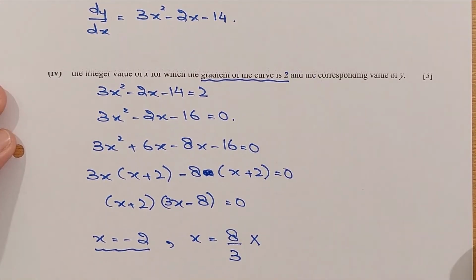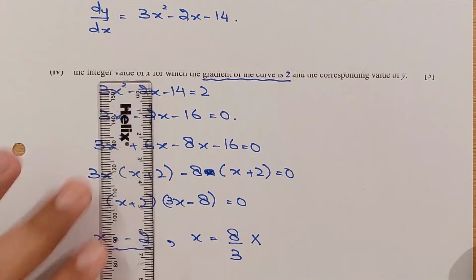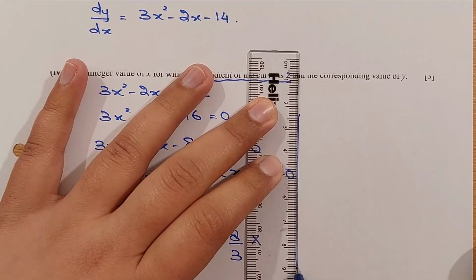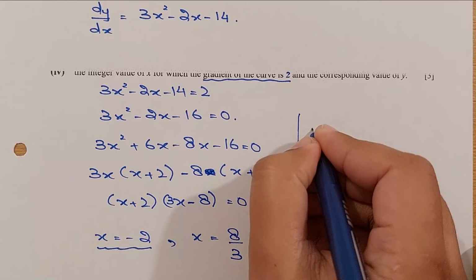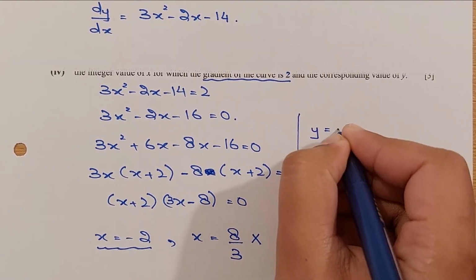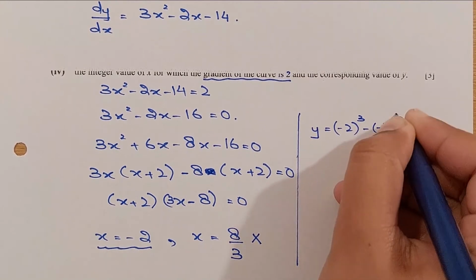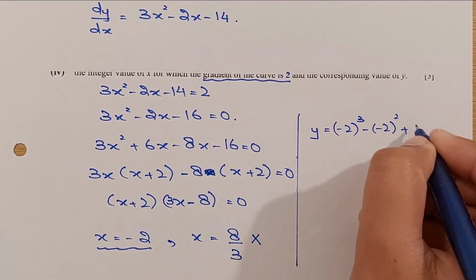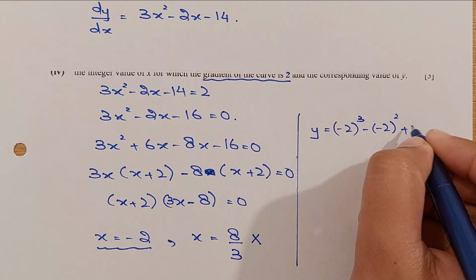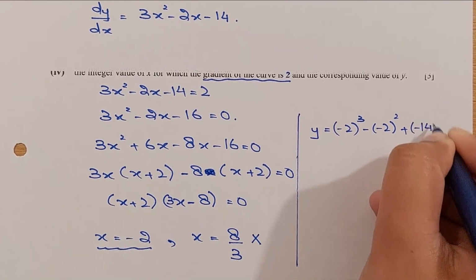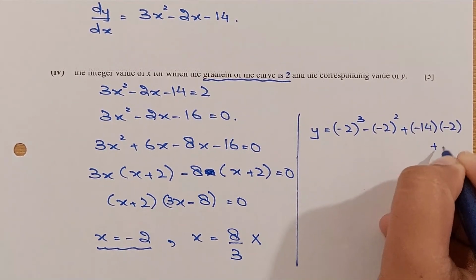Now we have to find the corresponding value of y as well. So put it into the curve and we will get the corresponding value of y. y at x equals minus 2 is minus 2 cube minus minus 2 square plus b times x, so minus 14 times minus 2, and plus 24.